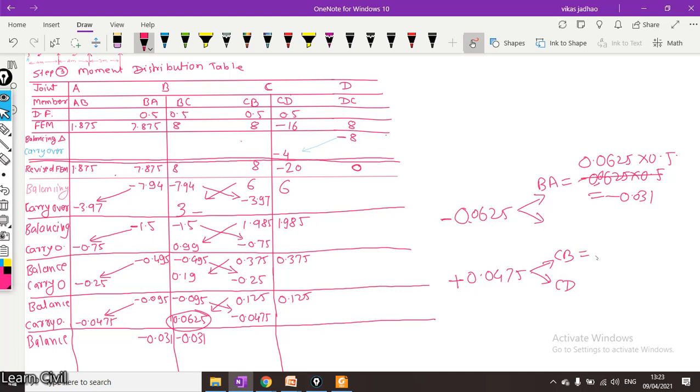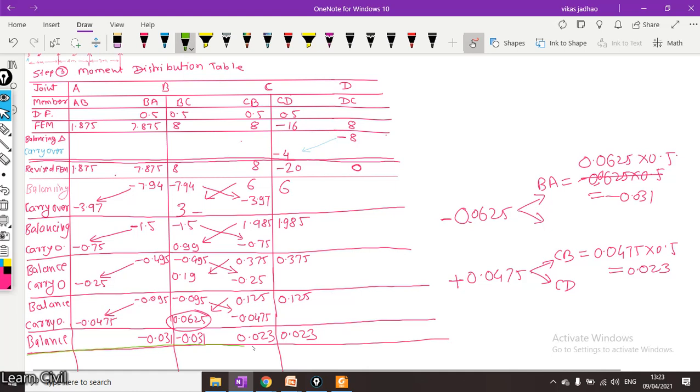So CB will share 0.0475 into 0.5. So this will be equal to plus 0.023. Here we'll again get 0.023 and here we'll finish.